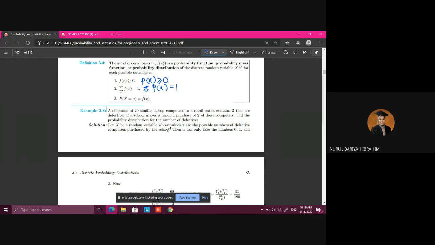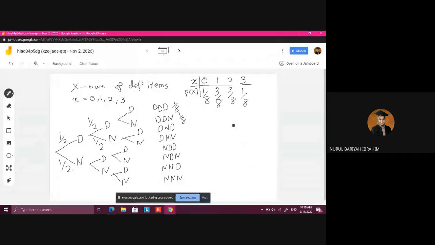Okay, so let's see yang tadi, bila kita add all this, okay, kalau kita tengok nilai probability each of this, tak ada nilai yang negatif. Okay, and then bila you addkan all the probability, okay, bila you tambah semua probability ni, you akan dapat nilai 1, which is the properties tadi kat sini.